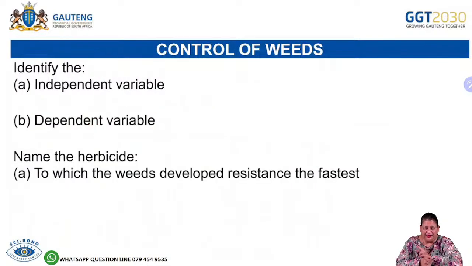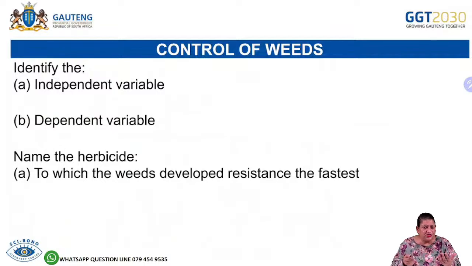Identify the independent variable. What is the independent variable? The independent variable is what did that farmer do? He was able to take 5 different weed killers, 5 different herbicides. He can control that, but he doesn't know which one will have the highest resistance and which the least resistance.